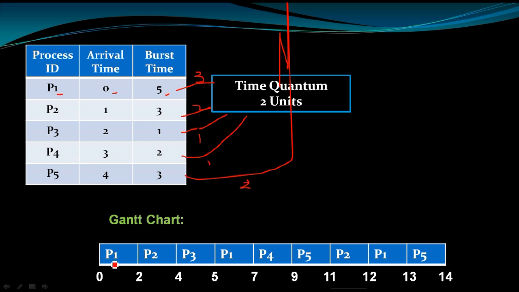So this is the Gantt chart we have prepared already. P1 gets the first time quantum of 2 nanoseconds and completes 2 nanoseconds of execution.